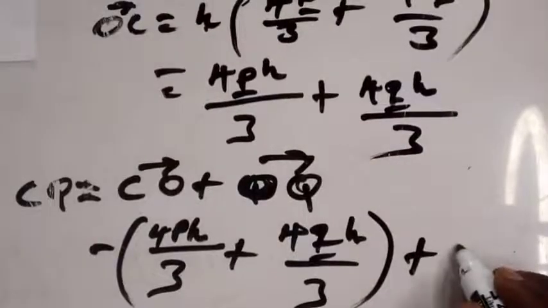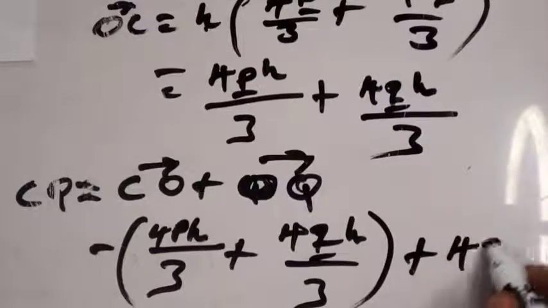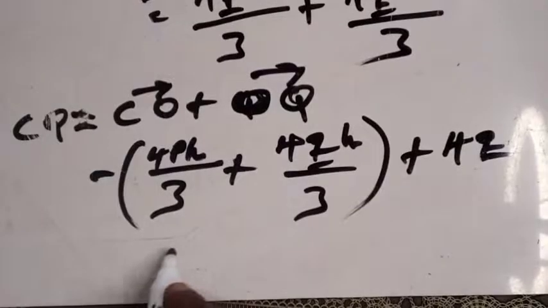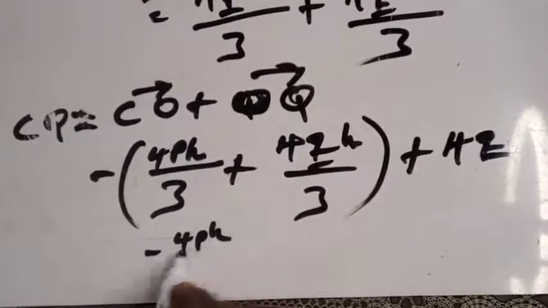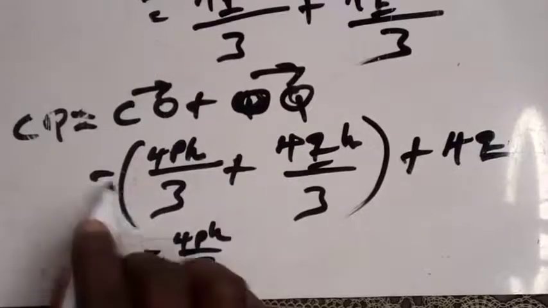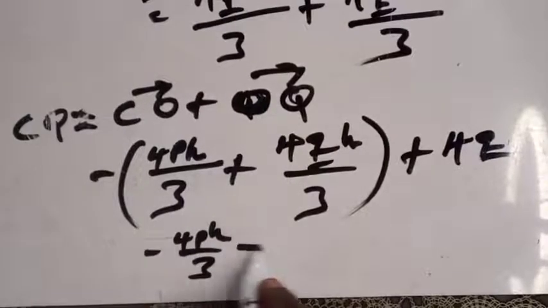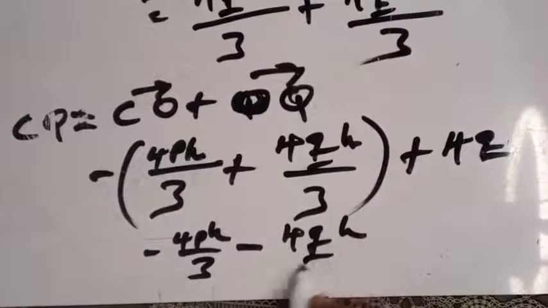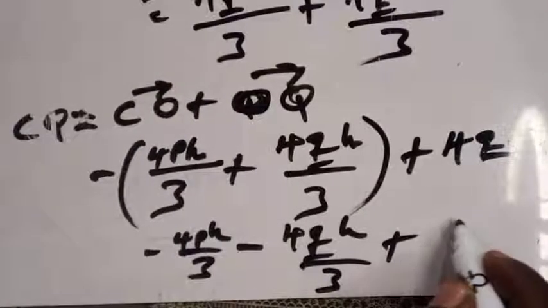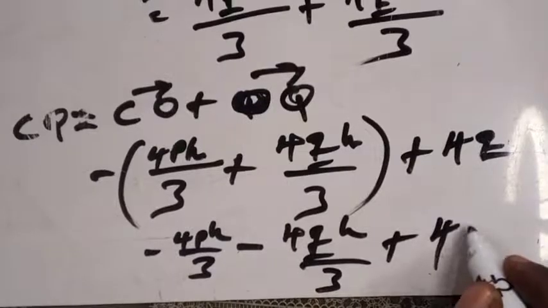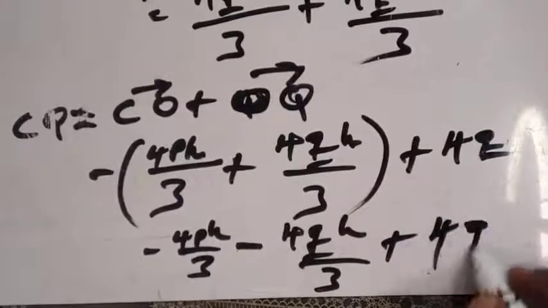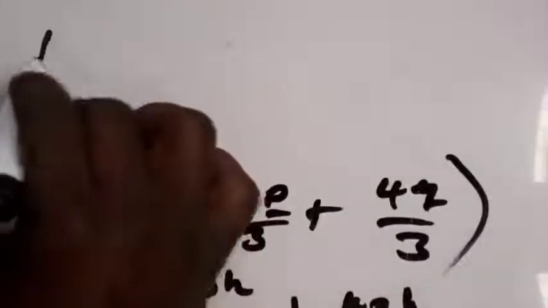The negative multiplied through gives negative 4ph over 3, negative 4qh over 3, plus 4q. We are going to start with the 4q.